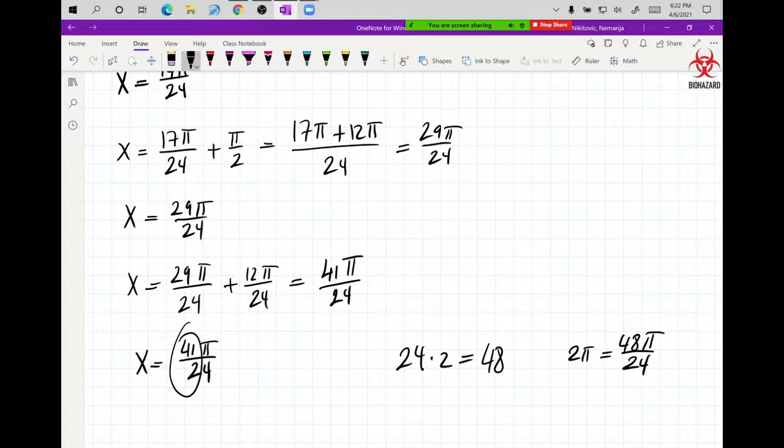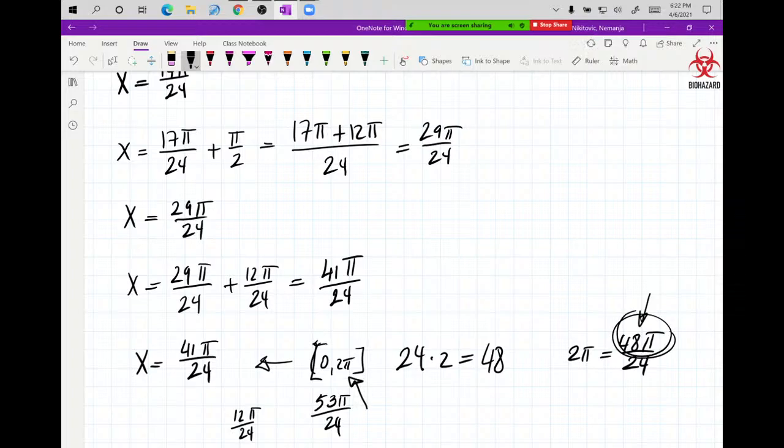And this is 41. So that's less than 48, which means that this is in 0 to 2 pi. So that's a good solution, right? It's still within. Now, if you, by mistake, add another 12 pi over 24 to come up with yet another solution, you will get 53 pi over 24, and that's over 48 pi, so it's not in the range. I mean, domain, sorry. So that one would be discarded.